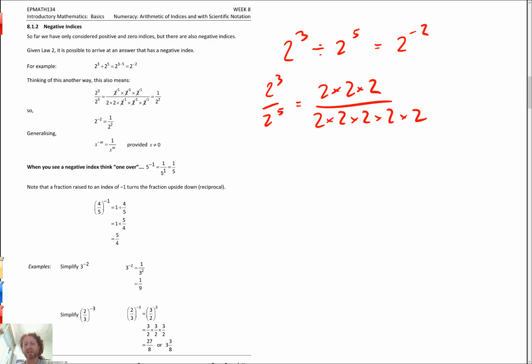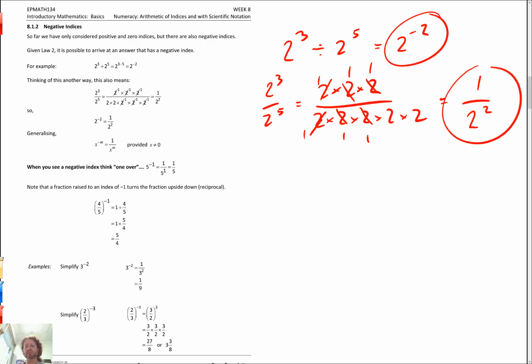So now if I go around cancelling some 2's, well, I've got a 2 there and a 2 there. I've got a 2 there and a 2 there and a 2 there and a 2 there. What have I got? The top is 1 by 1 by 1, and the bottom is 1 by 1 by 1 by 2 by 2, which is 2 squared. The only difference between the two answers is one says 2 to the minus 2, and one says 1 over 2 to the 2.